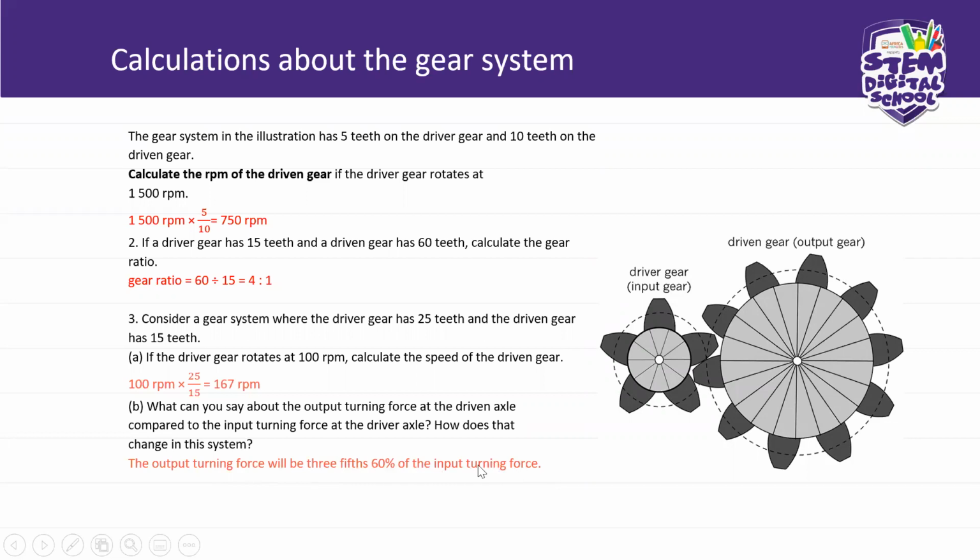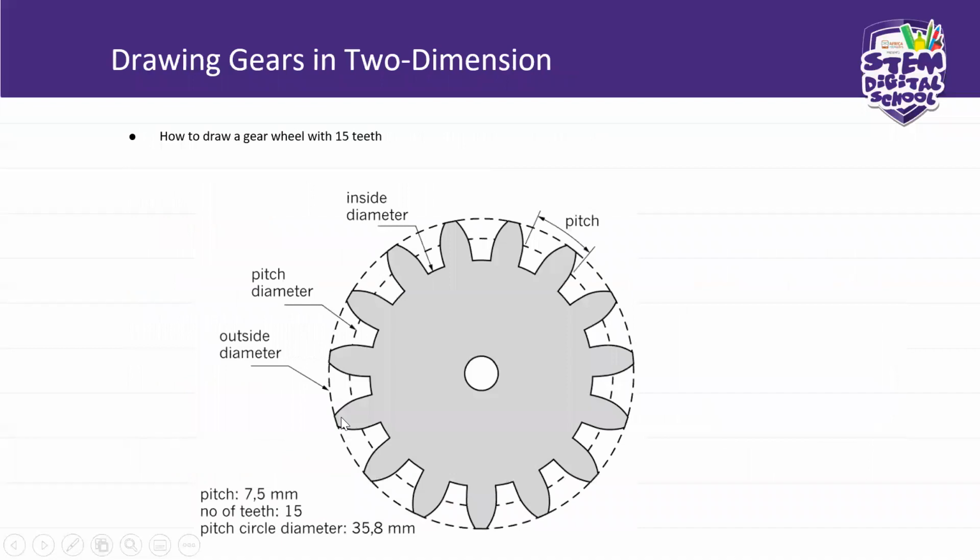This is the mechanical advantage. When we are talking about turning force, we are talking about the mechanical advantage, but the speed will be the speed advantage or velocity ratio.